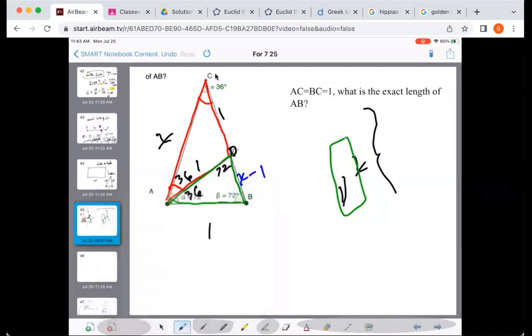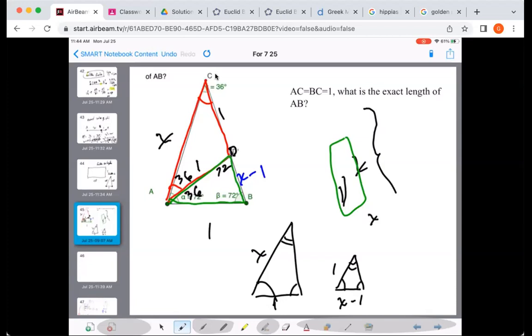Because the small 36, 36, 72 triangle is similar to the original triangle. I'm going to draw them side by side. It might be easier to see what's going on. And now you can set up a proportion.